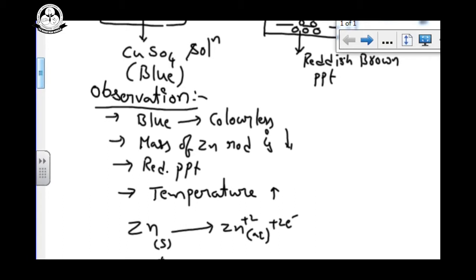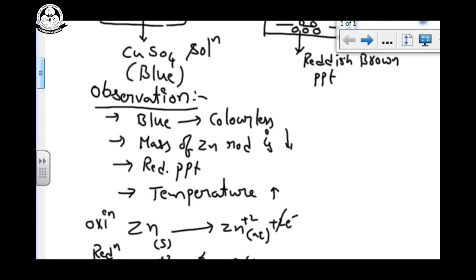Copper ions, the blue color solution, gain 2 electrons and become copper. Meaning zinc undergoes oxidation, and copper undergoes reduction. Now you can balance these two equations. You get Zn plus Cu2+ gives Zn2+ plus Cu.